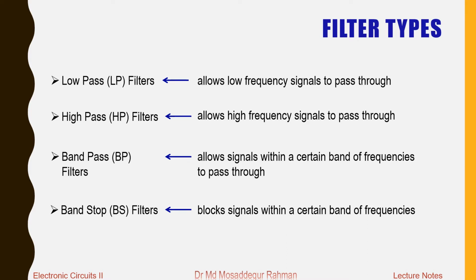If the signals of that particular band are not wanted, if you want to get rid of signals of certain frequencies, then use band stop filters. These are the four major filter types that we'll focus on in our studies, how we can construct these filter circuits and how we can design them.